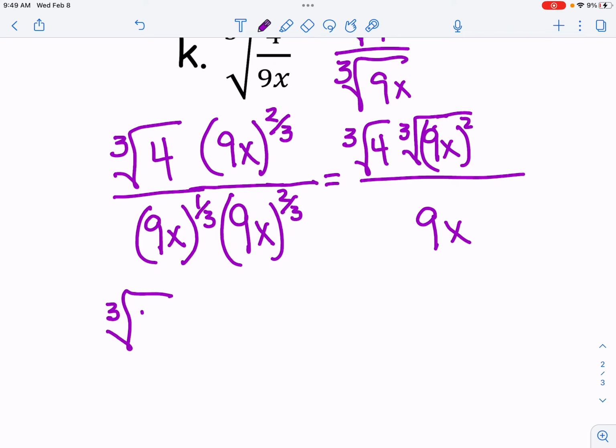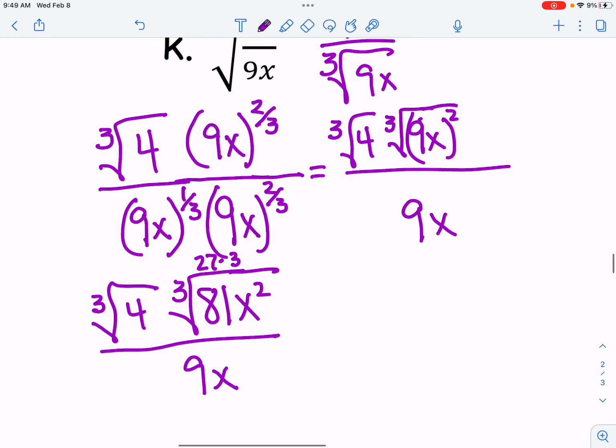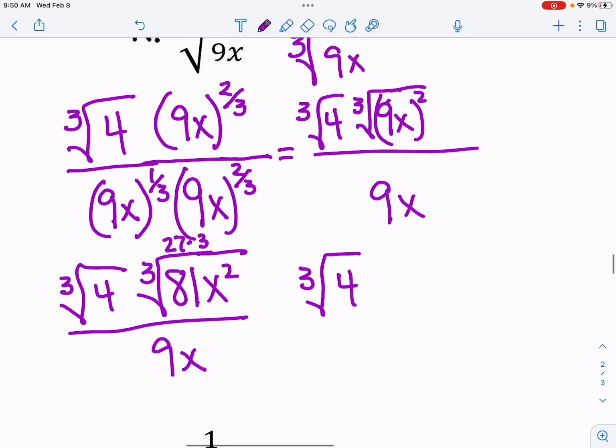Well, cube root of 4 times 9x squared is equal to 81x squared. What is the cube root of 81? The perfect cube number that goes in there is 27. 27 times 3 is 81. So I have the cube root of 4. The cube root of 81 is 3.